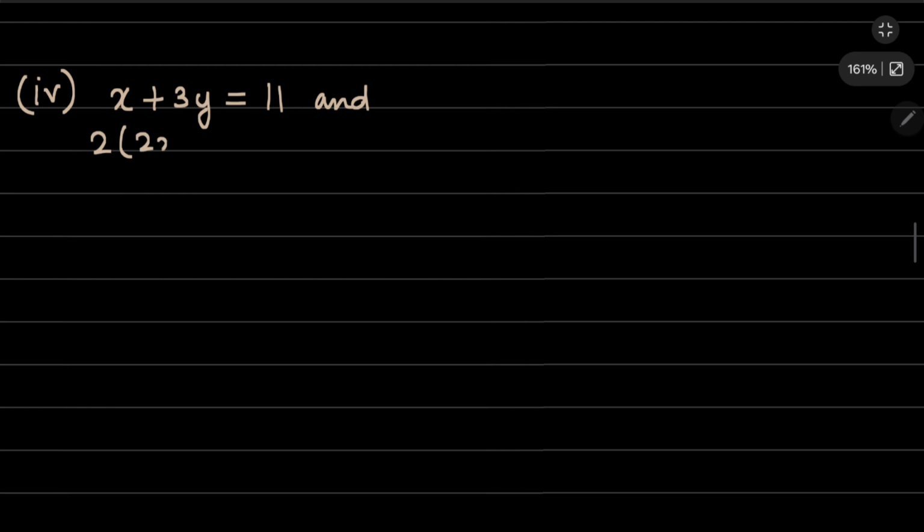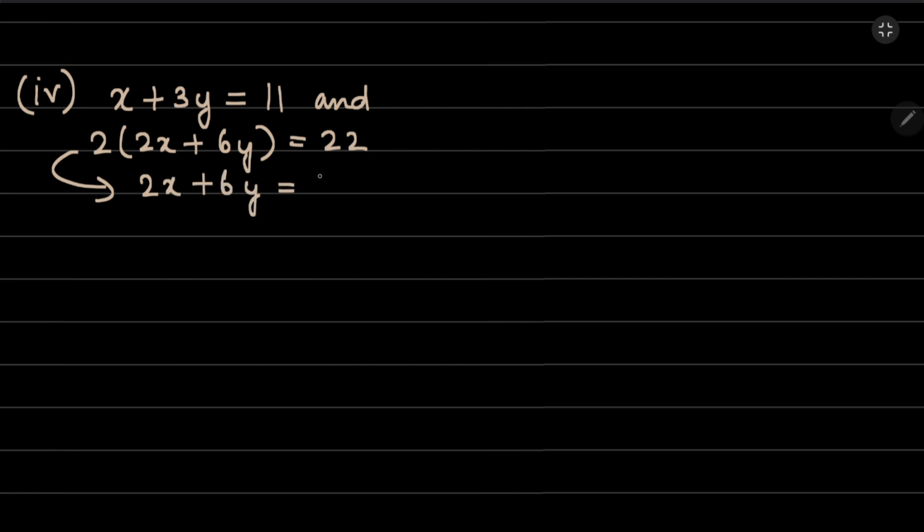So this I can write as 2x plus 6y will be equal to 22 by 2, which is equal to 11.